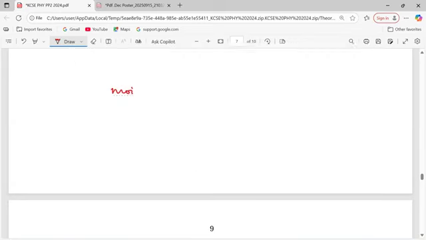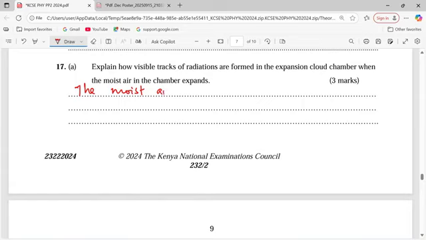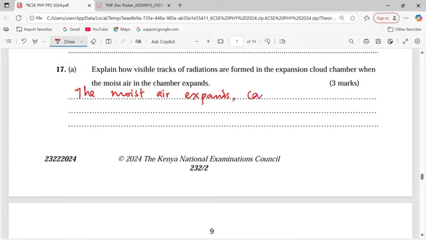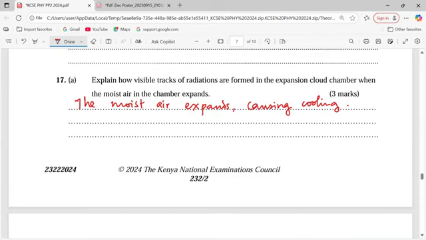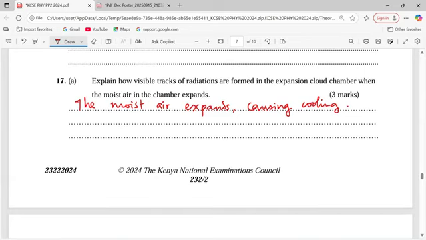The moist air expands, causing cooling. And as the cooling occurs, the radiation ionizes. All radiations have what we call ionization effect.